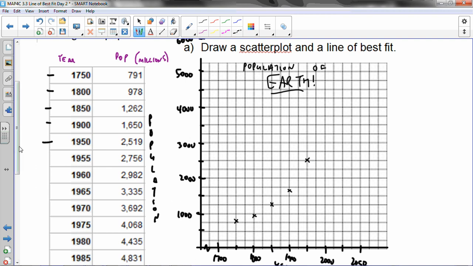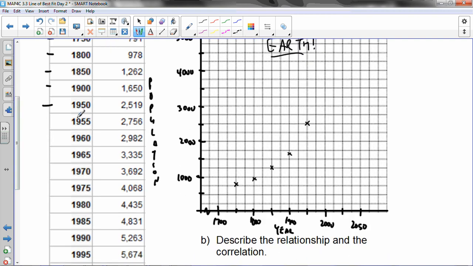Year 2000, again, I could try and fit all of these pieces of data, there's 10 pieces of data in there, all would fit in between the years 1950 and 2000, right? So I'd have 10 extra pieces of data in there, and I'm not going to do that. I'm going to get the trend without those extra pieces of data.